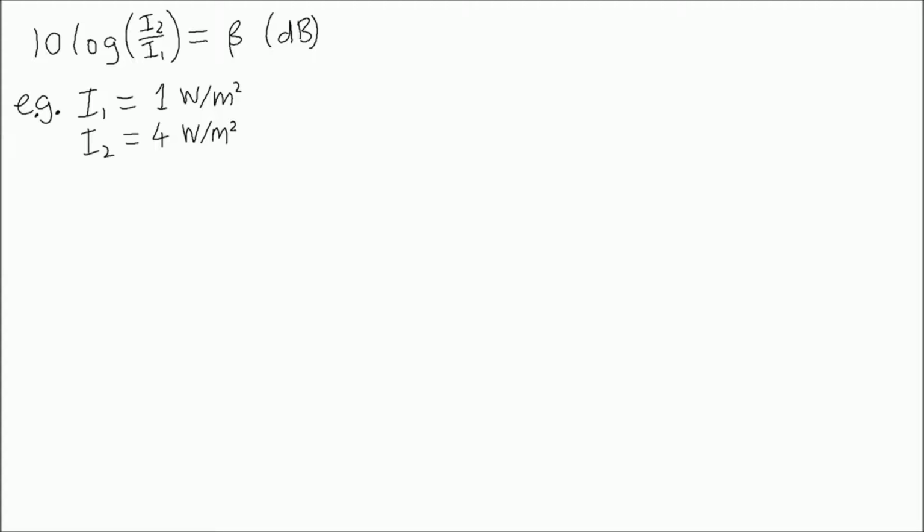So if we calculate beta, it will be 10 log of 4 over 1, which is 10 log of 4, and in your calculator you'll see that this comes out to 6, and in particular it's positive 6.